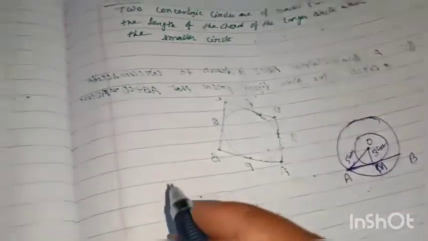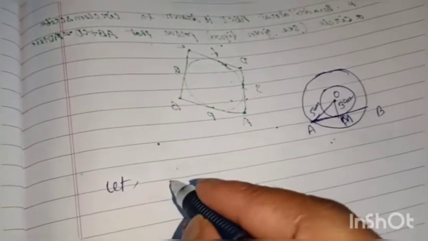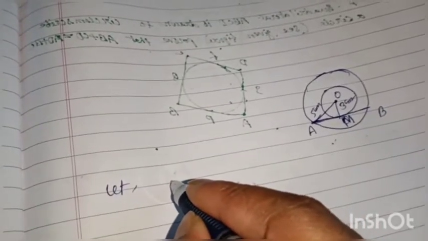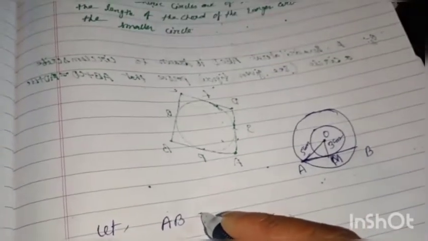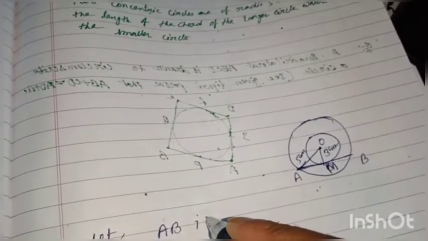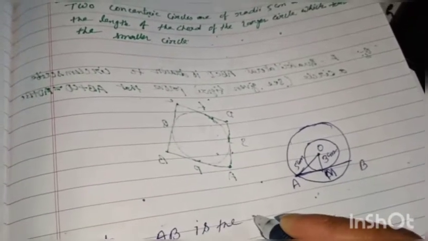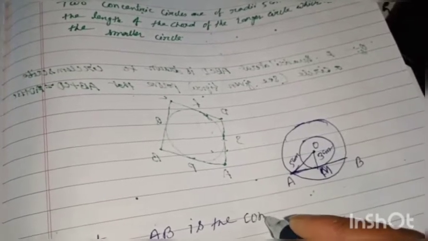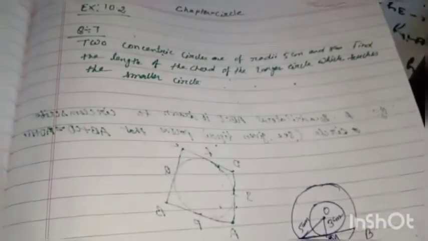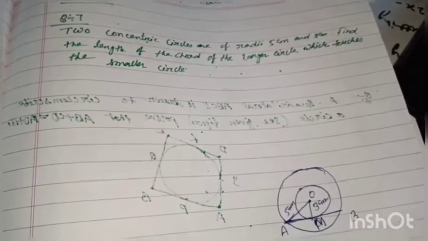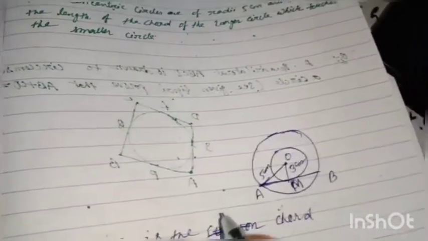Next, let AB be the chord. Sorry, not common chord. Maybe I used the word common before, so it was my mistake. There is no common word.